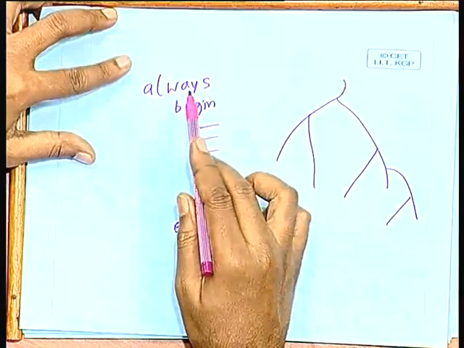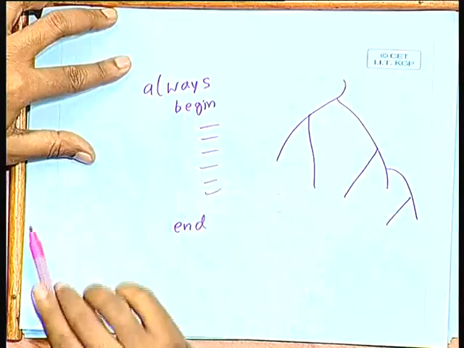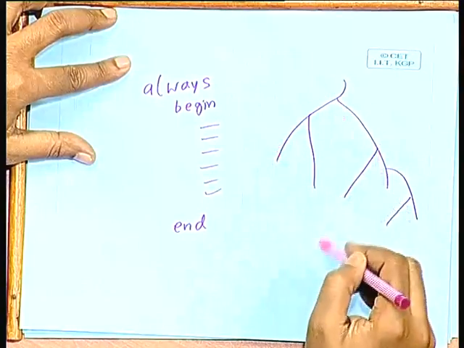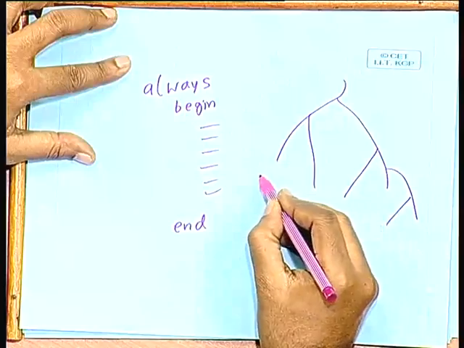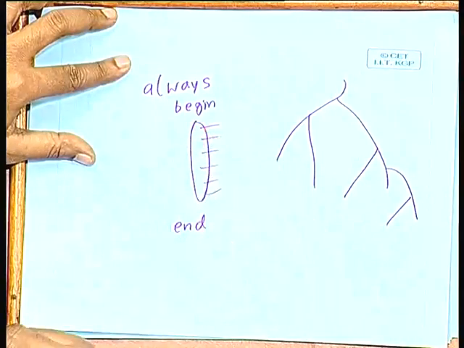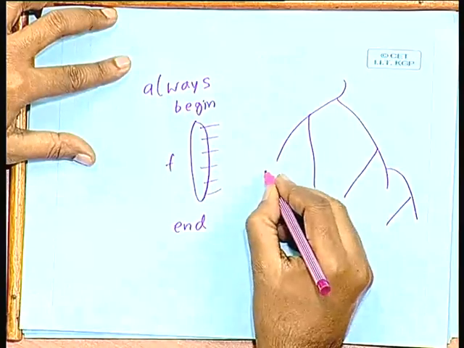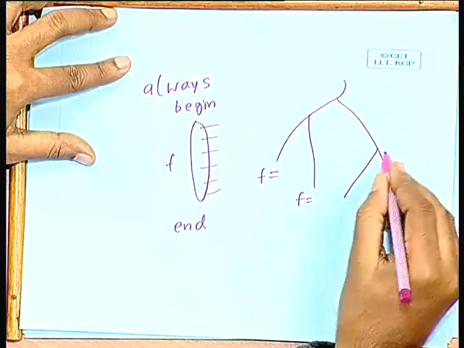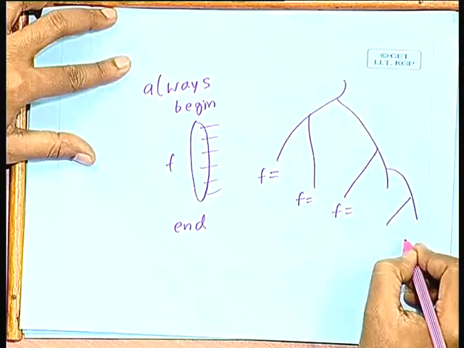The synthesizer will check whether along all the possible paths values are getting assigned to the variables appearing on the left hand side. Say if f is the variable on the left hand side, there has to be an f equal to assignment along all these possible paths.